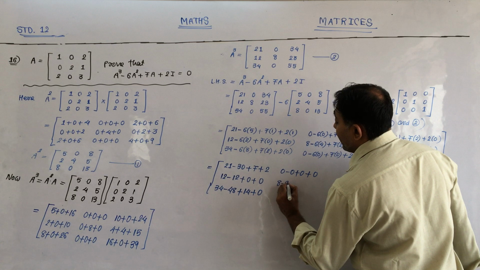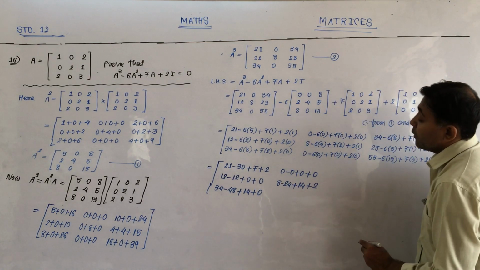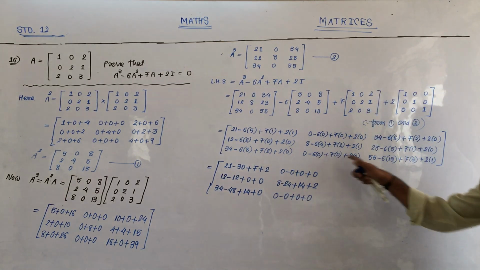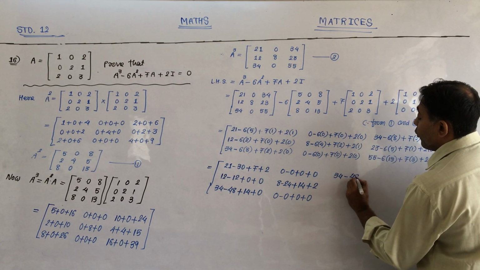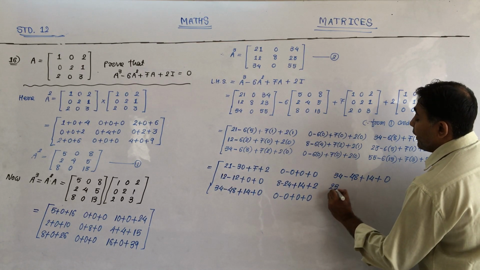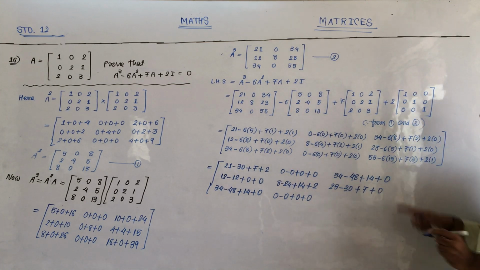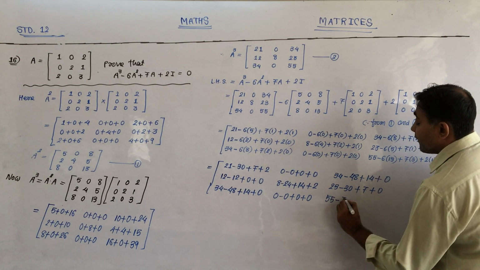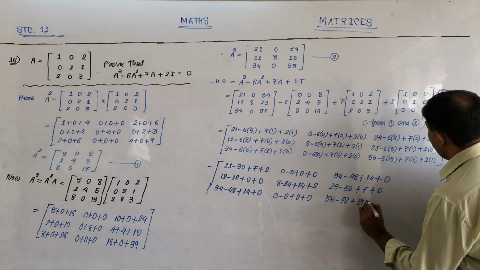Here is 8 minus 24 plus 14 and plus 2. Here is 0 minus 0 plus 0 and plus 0, right? Now solve here. 34 minus 6 8s are 48 plus 14 and plus 0. Here is 23 minus 30 plus 7 and plus 0. At last here 55 minus 13 6s are 78 plus 7 3s are 21 and plus 2.